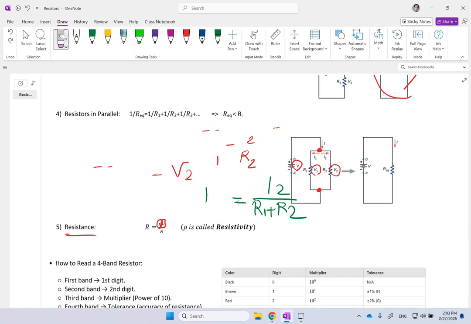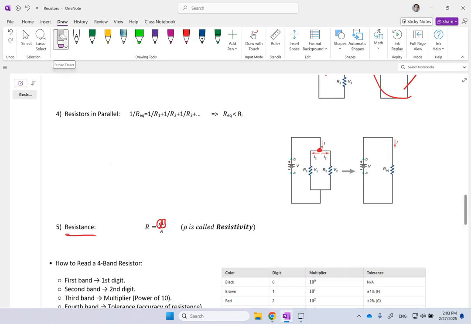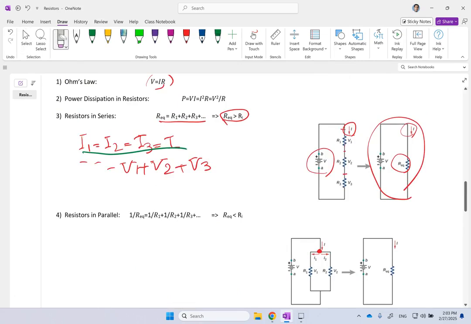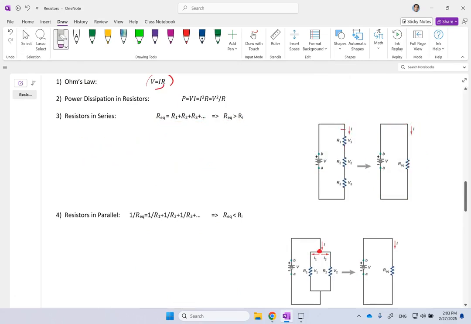Very fast, one other thing that I need to tell you about this is, if you look at this series case, we learned that the voltages V1, V2, V3 are not all the same, right? They are different. But how is each one of them calculated?